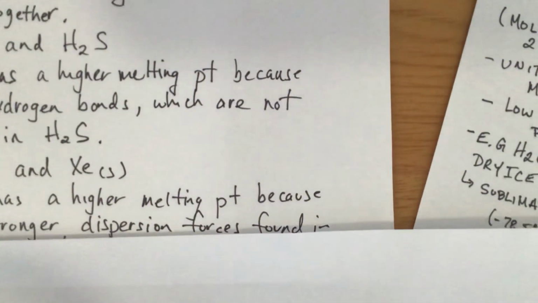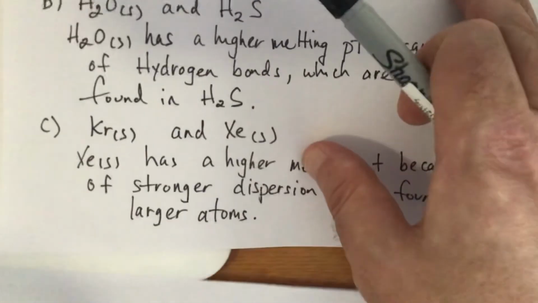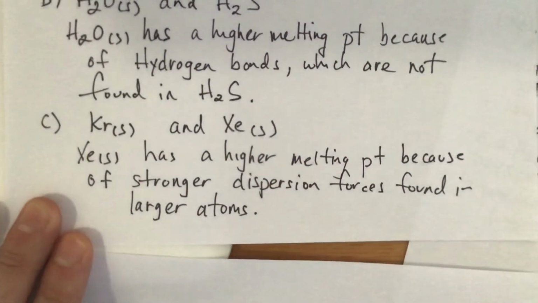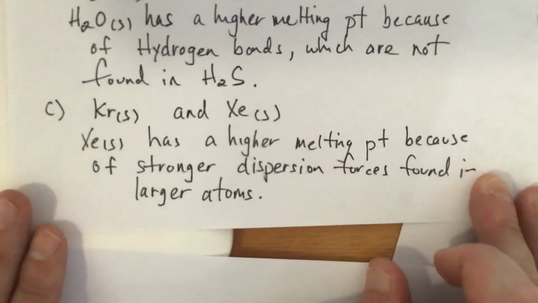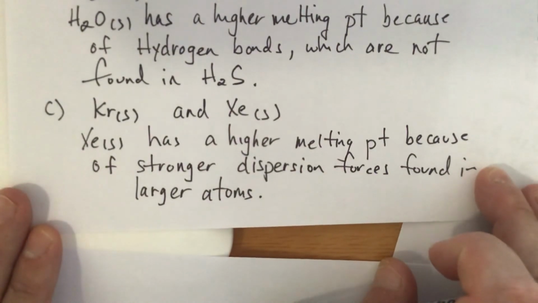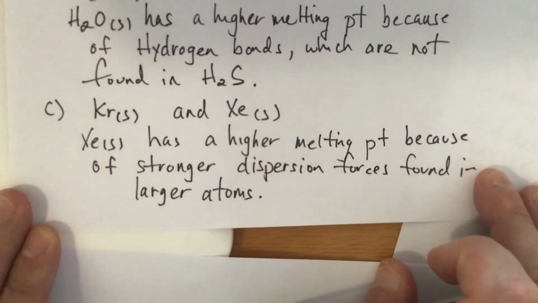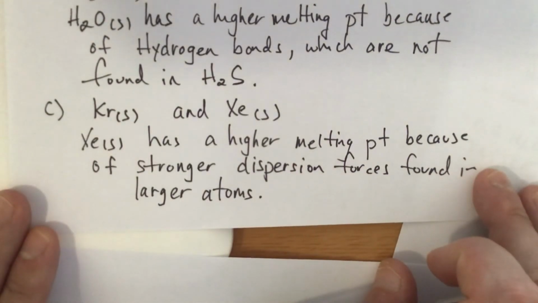So which one has a higher melting point? Xenon does, and again, we never start sentences with the word because. It puts Mr. Harrison in a bad mood quickly.